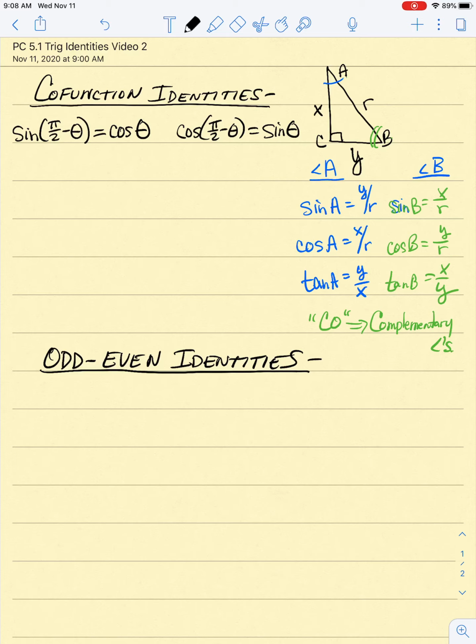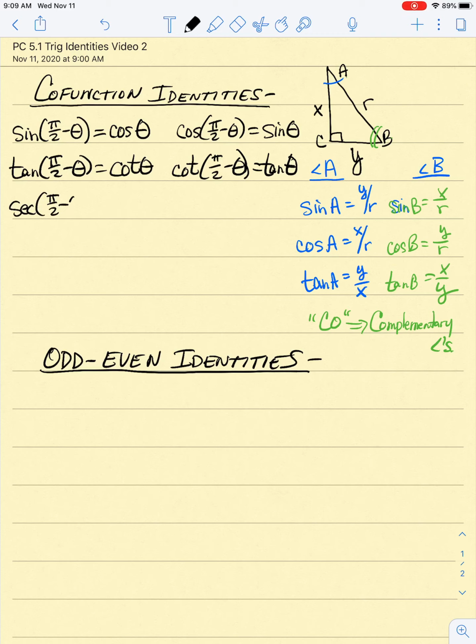So cool. Let's see about tangent. Tan of pi over 2 minus theta is cotangent, and then the cotangent of pi over 2 minus theta comes out to be the tangent. So they're cofunctions. Last up, secant of pi over 2 minus theta.